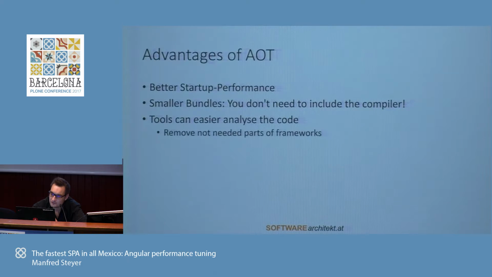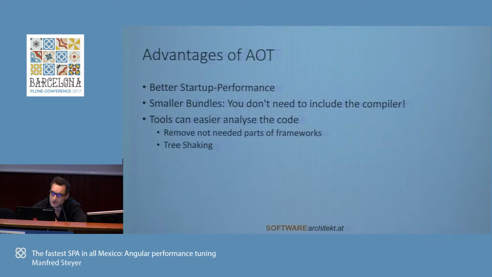And so these tools can find unused parts of your applications, and they can remove those parts from the bundles. I'm sure every one of you has applications that are not using all the parts of the included frameworks. Normally, we are just using a specific amount of the possibilities of the frameworks we have included, and because of this, removing all the other parts is a good idea.